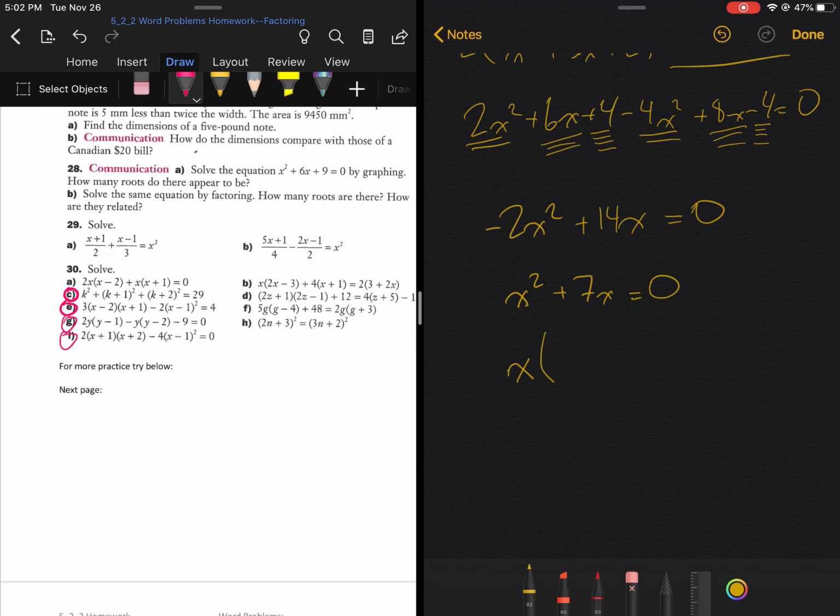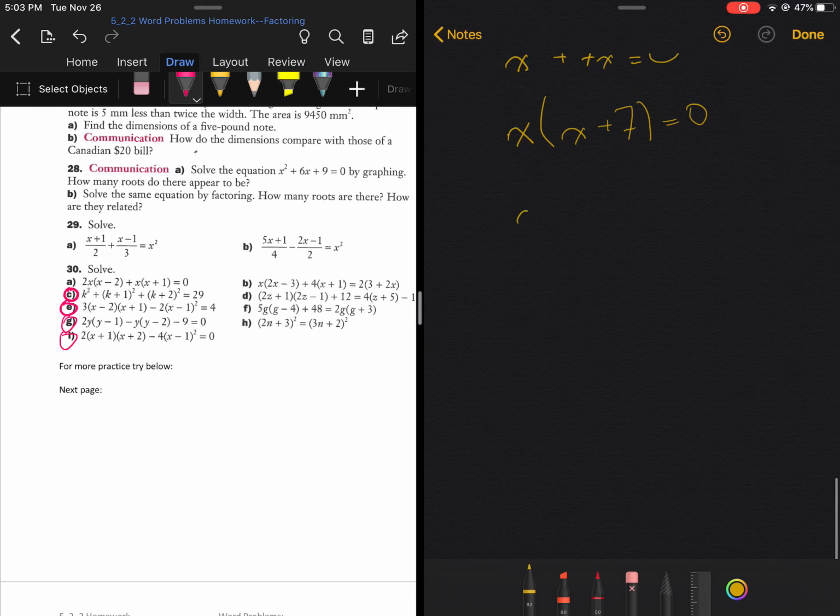Well, that's easy. There's a common term of x. Never divide by x to get rid of the x, because it's going to get rid of an answer. So we take out the x. Common factor is x. x times (x plus 7) equals 0. What does that mean? x equals 0, right? Or x equals minus 7. Those are my two values. x equals 0. Let's write it out nicely.